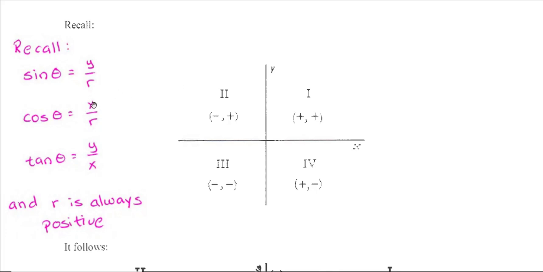For x over r, you get a negative over a positive, so in quadrant 2, the cosine will be negative. And then y over x will be a positive over a negative, so the tangent is going to be negative in quadrant 2. And you can do that for each one of these quadrants. You can figure out the sign of any angle in quadrants 1, 2, 3, and 4 based on the way that we just did it.